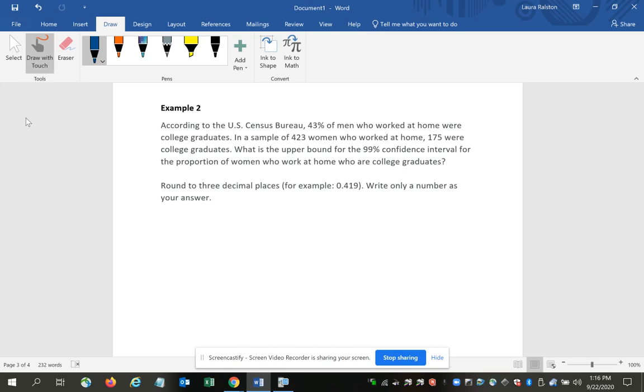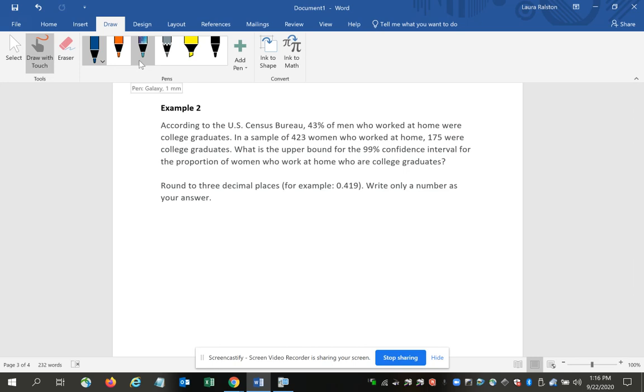In a sample of 423 women who worked at home, 175 were college graduates. Now, see, this first sentence here, guys, is talking about men, but then the information that you're given is about women. So pay very close attention. It says, what is the upper bound for the 99% confidence interval for the proportion of women who work at home who are college graduates?